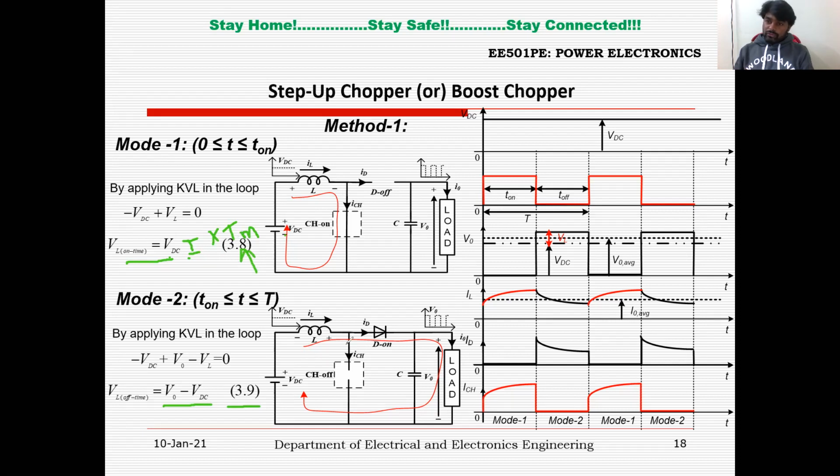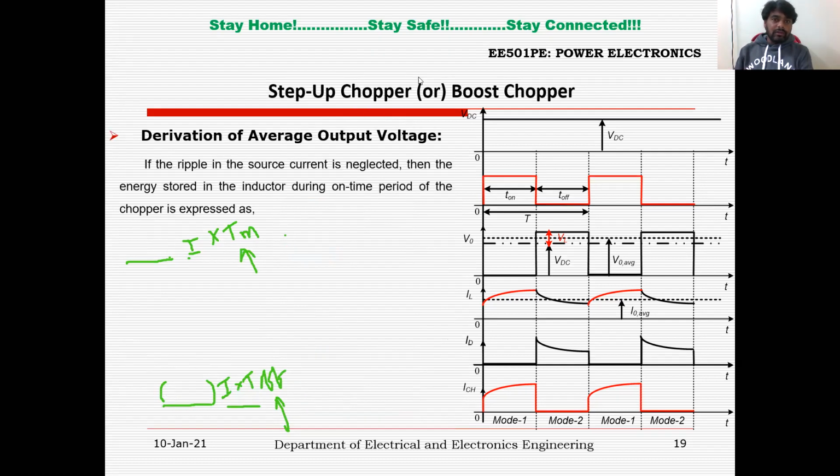The same current is flowing through here also. So if you multiply this with I and T off, that you can say is the energy dissipated by the inductor during the off time period, right? In steady state condition, whatever energy is stored by the inductor will be dissipated to the load, right? So now you can see those expressions here.